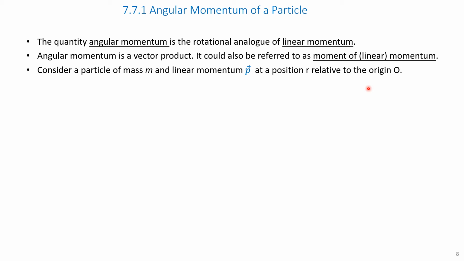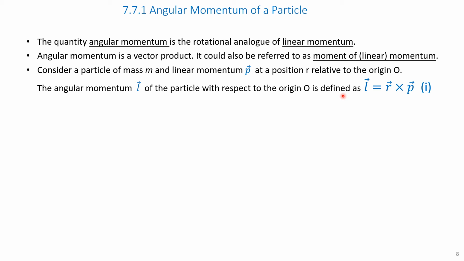Consider a particle of mass m and linear momentum vector p at a position r relative to the origin O. The angular momentum vector L of the particle with respect to origin O is defined as vector L is equal to r cross p, where L is the angular momentum, r is the position vector, and p is the momentum. Let it be equation 1.